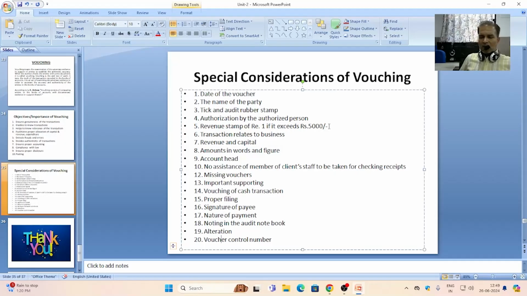So an auditor should take special consideration at the time of vouching, because vouching is the initial step of auditing and all the work depends on careful vouching in an audit assignment.